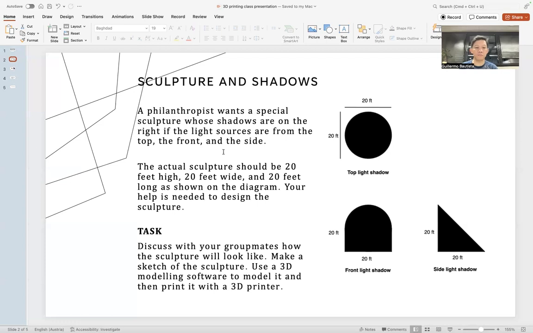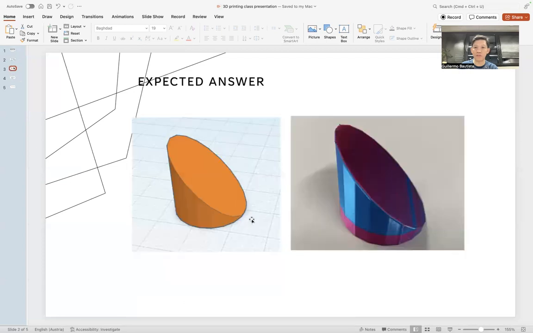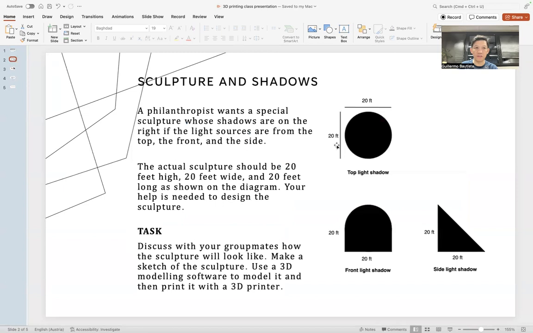This is the expected output. The students should be able to model the 3D object whose shadows are shown here. As you can see, if you put the light directly on the top of the object, the shadow will be a circle.